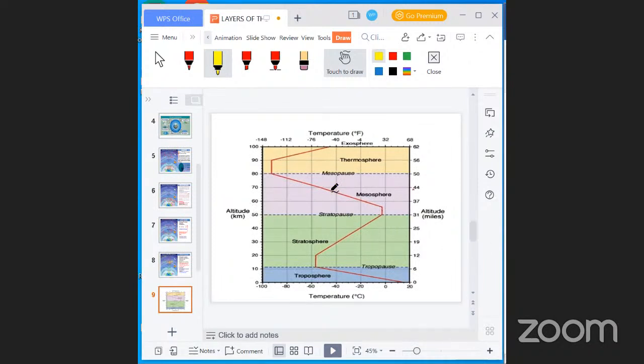So the thermosphere has a further subdivision, which is called the ionosphere. It has electrically charged particles ionized by cosmic and solar radiation.